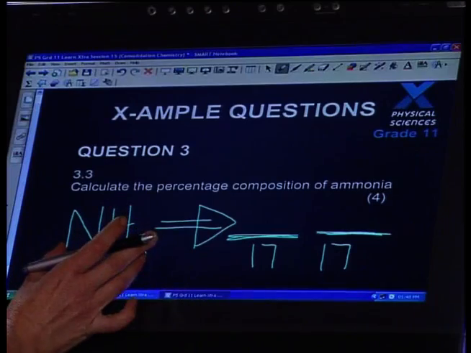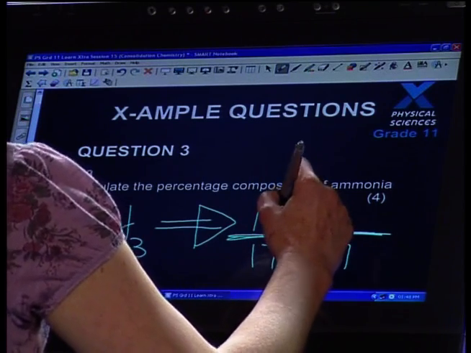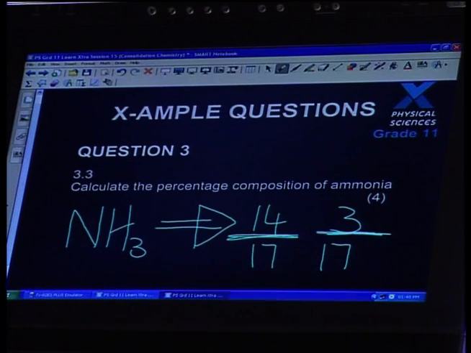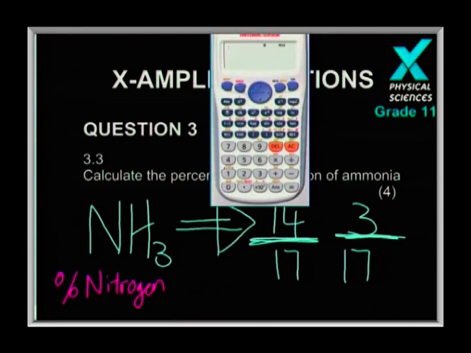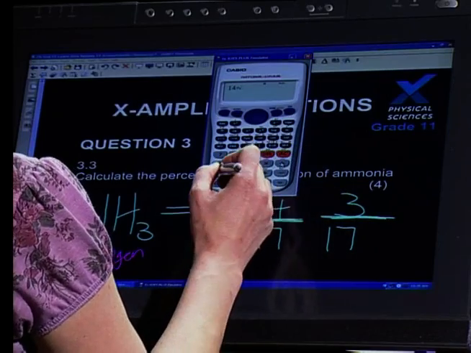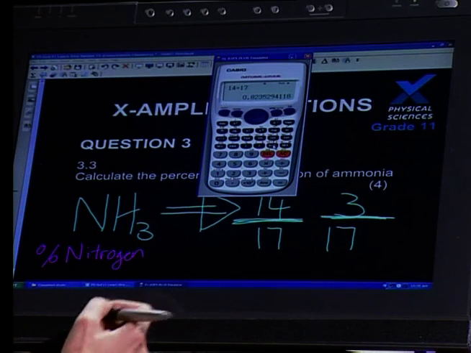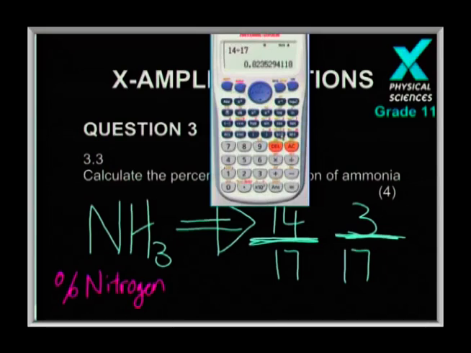Now for the 17, nitrogen contributes 14 and hydrogen contributes 3. Right, so let's have a look at the percentage nitrogen. So it's 14 out of 17, which gives me 82.4%.